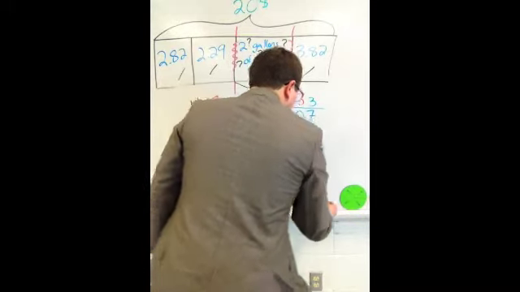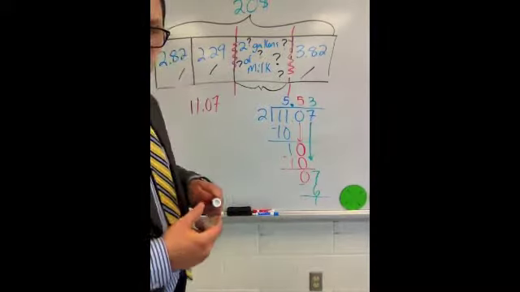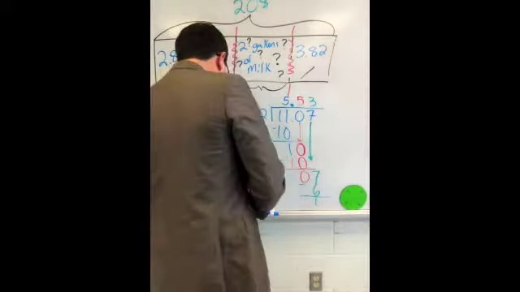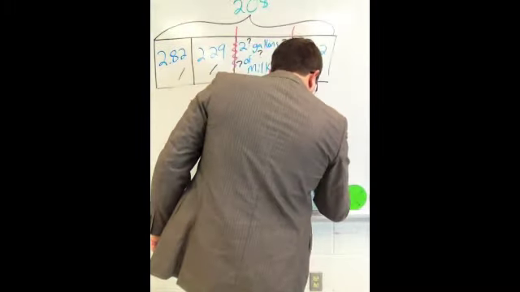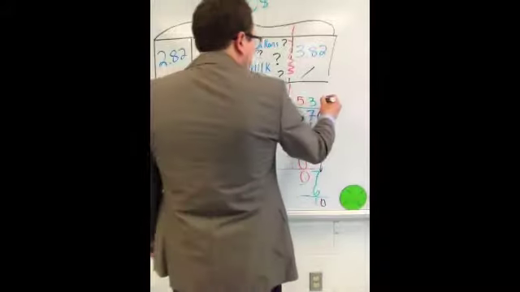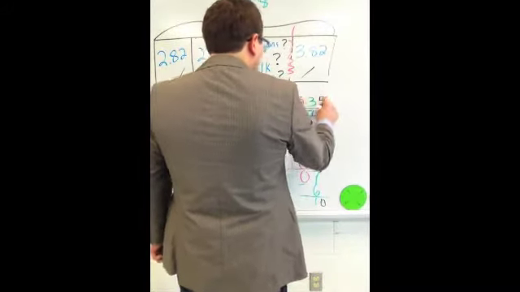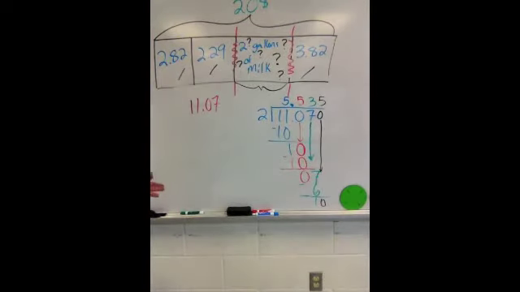Subtract, and I'm left with 1. And I know that I can add another 0. Alright, I can add another 0 over here. And I can bring that down. And I'll have 10 thousandths to share into 2 groups. And I know that I can do that. 5 times 2 will be 10, subtracted will be 0. So I have 5 and 535 thousandths.